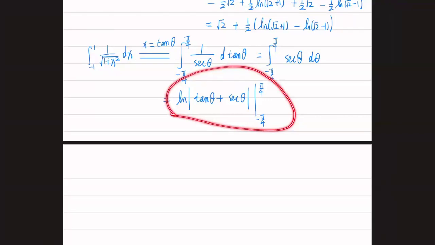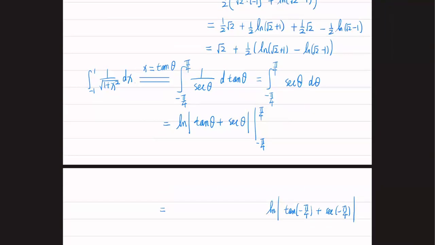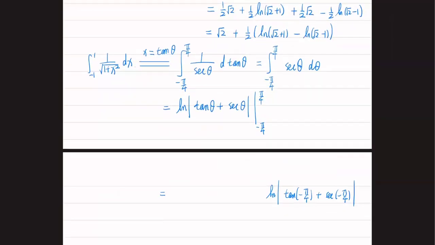The steps. So again, by the formula, the difference between lower and upper limits will be the value at the upper limit, subtract the value at the lower limit. So it will be the value at π/4, subtract the value at -π/4.